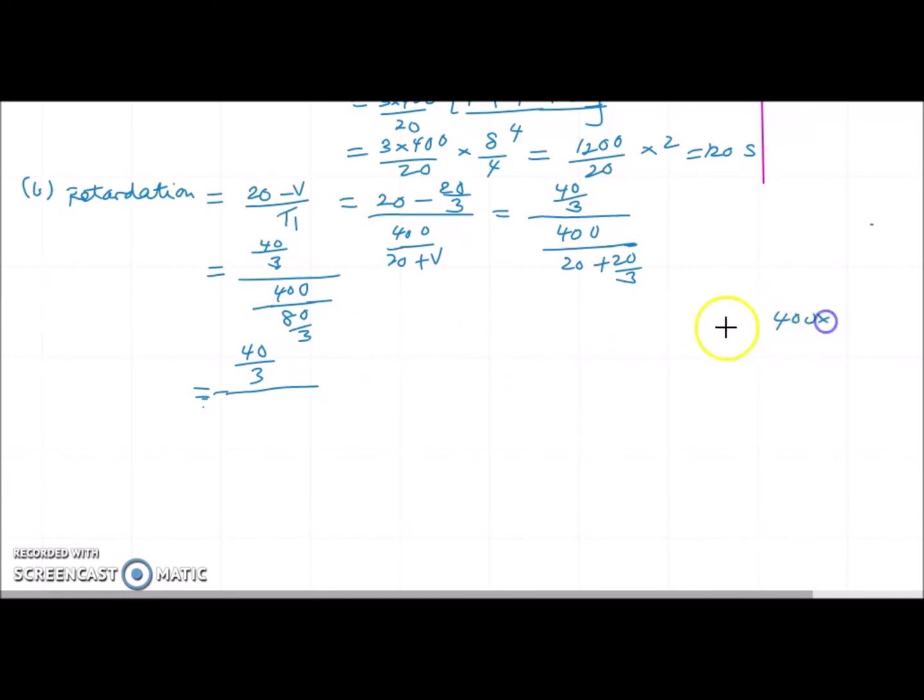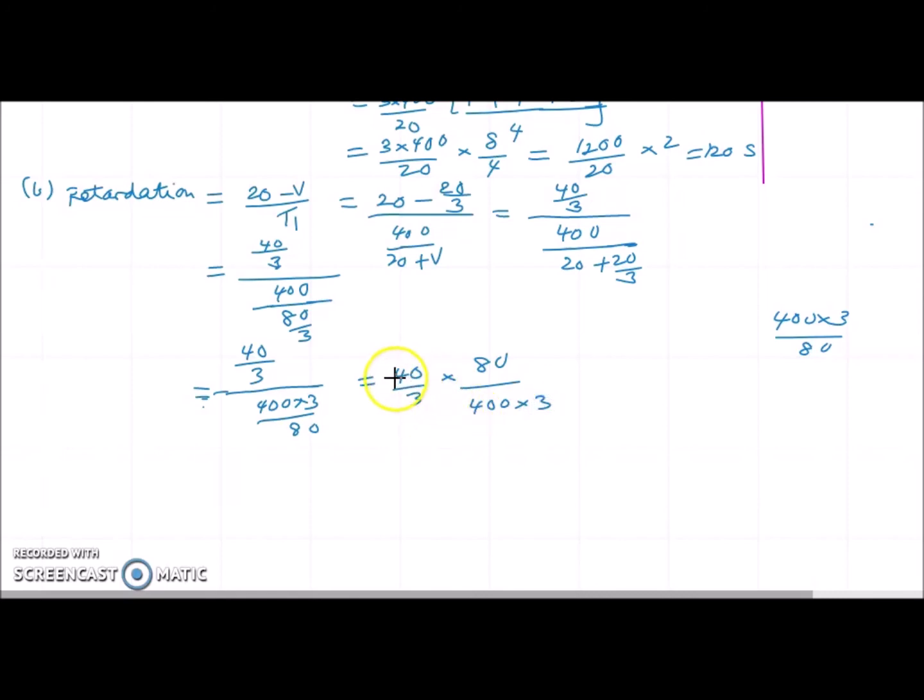That means 400 divided by 80 by 3 is equal to 400 into 3 by 80. When we divide this by this, we get 40 by 3 into 80 divided by 400 into 3.